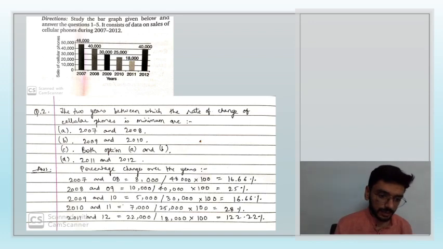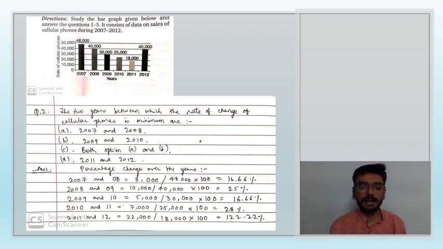Now 2011 and 2012, the difference is 40,000 minus 18,000, that is 22,000. 22,000 divided by 18,000 into 100, that is 122.22%.